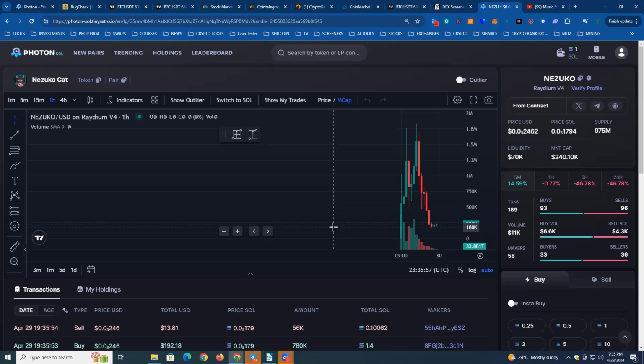Without a shadow of a doubt, this is a market that moves very quickly. So you have to have a fundamental understanding of market structure and market phase and so on and so forth.